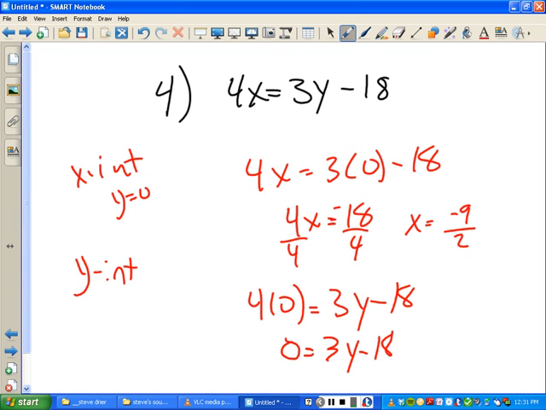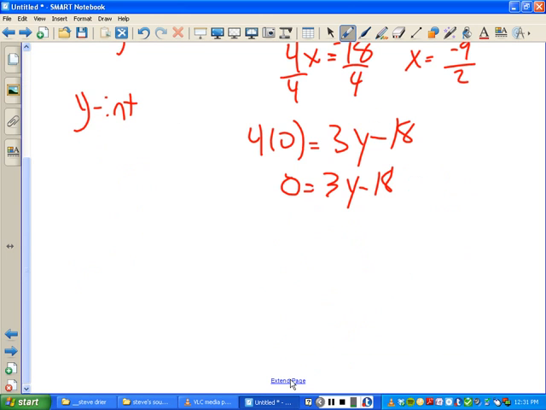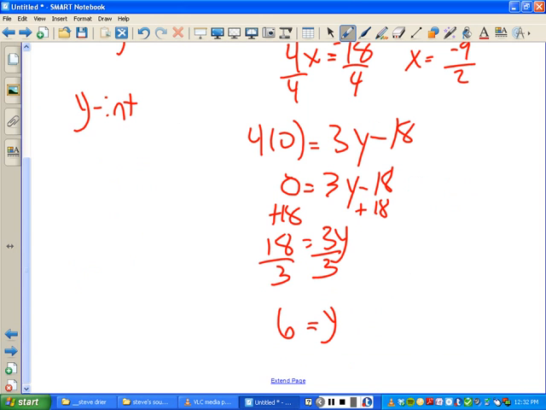Okay? Add 18, 3y equals 18, divide by 3, and you'll get y equals 6. So for your y-intercept, you got 0, 6. For your x-intercept, you got negative 9/2.